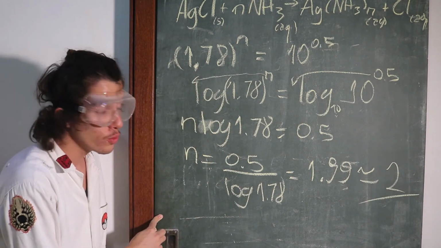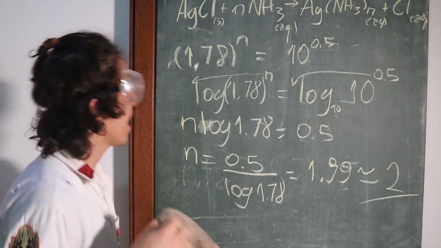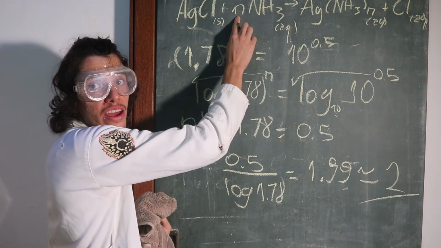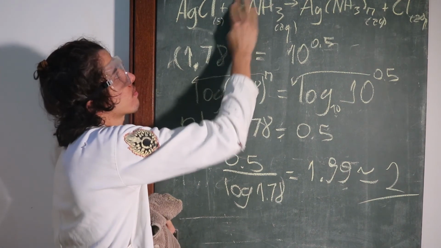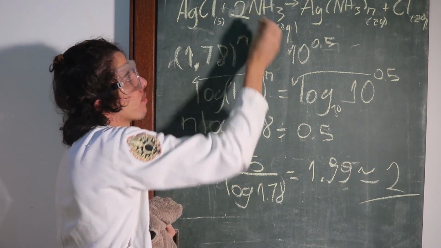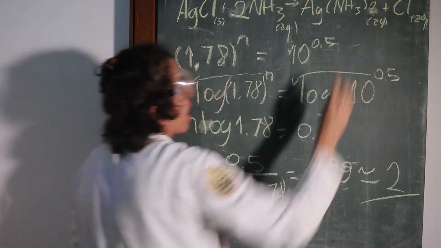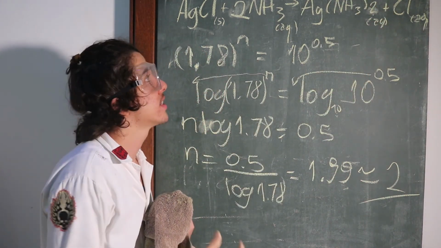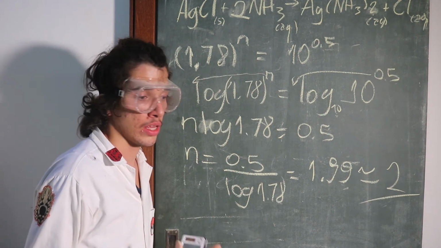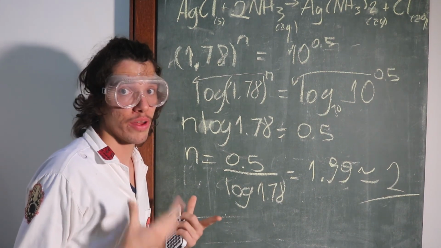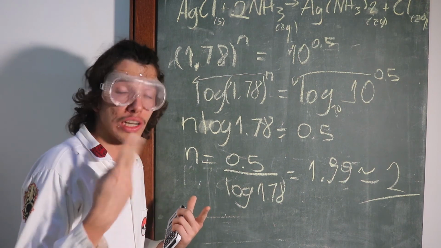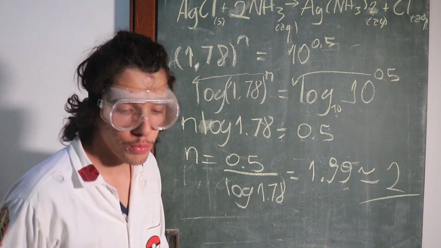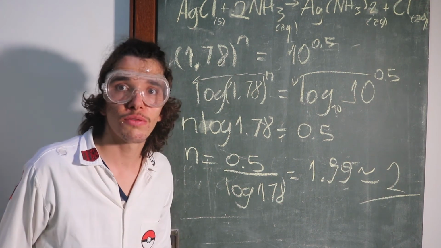So our n is 2, and that's the answer we wanted. This n here in our equation is going to be 2, and here 2. So our complex has 2 ammonias; the silver is complexing with 2 ligands. We solved what the problem was asking for.